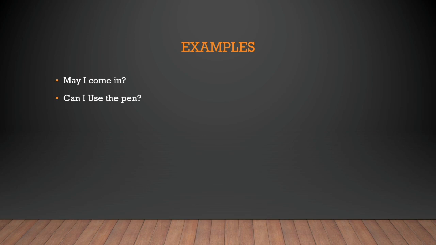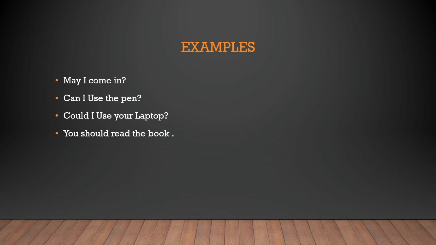Can is used here. Could I use your laptop? Could is used here for taking permission, but it's for polite request and asking politely. So in the first three question sentences, different modals are used, but they are used for the same expression.